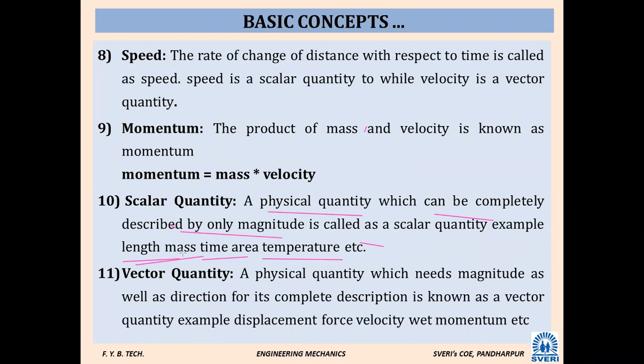That's why mass is a scalar quantity. For time, how much is the time right now? Right now it is 1:30. We are telling only the magnitude, not specifying a direction. That's why time is also a scalar quantity.